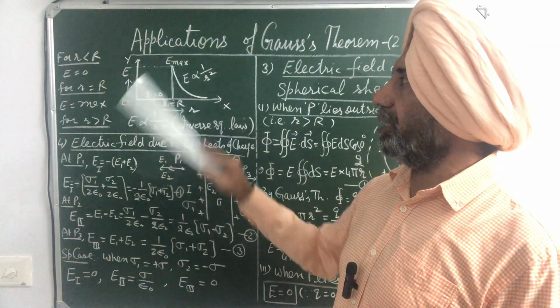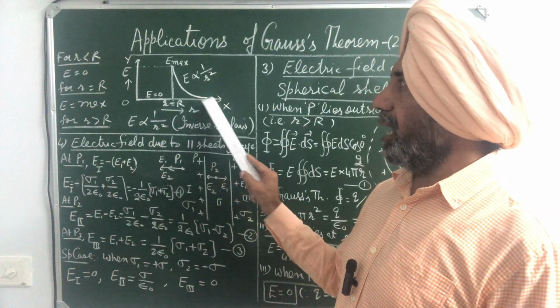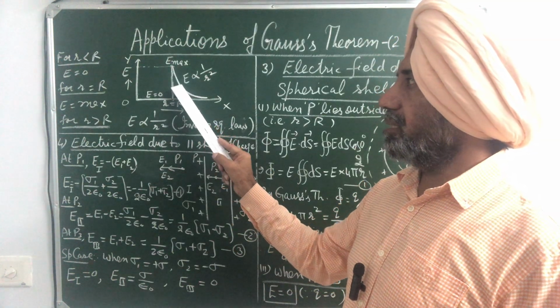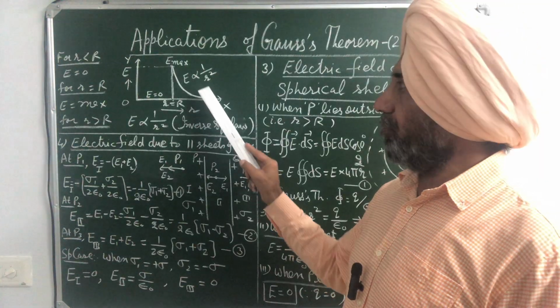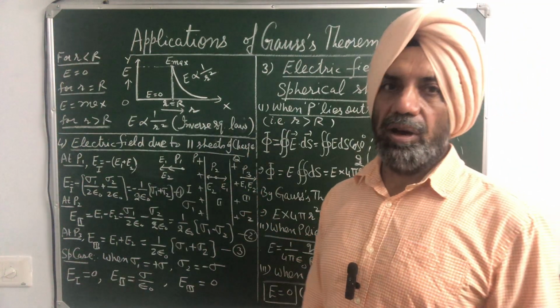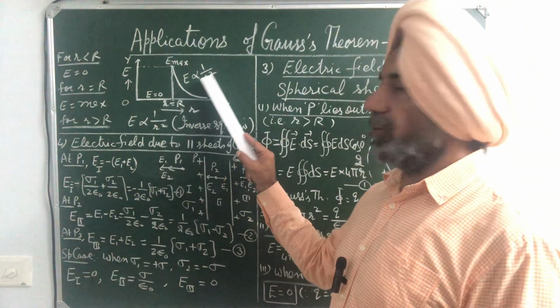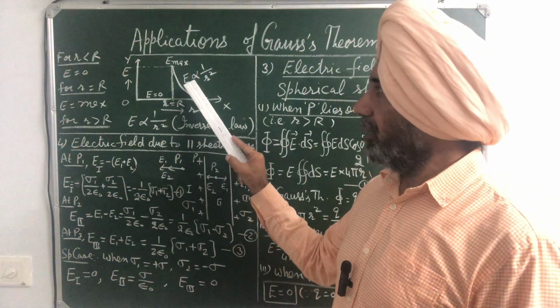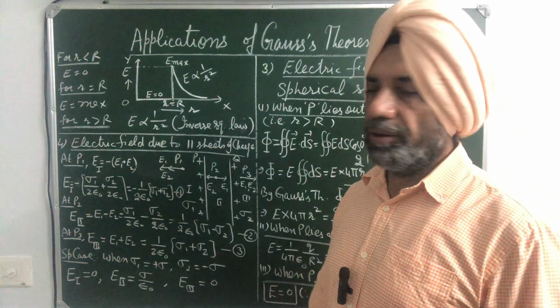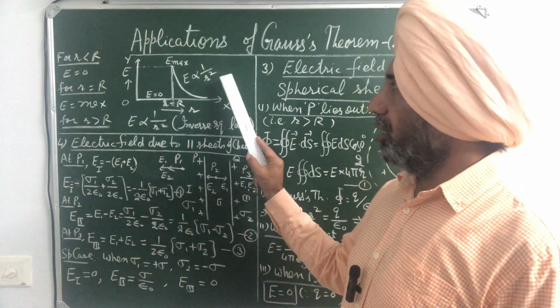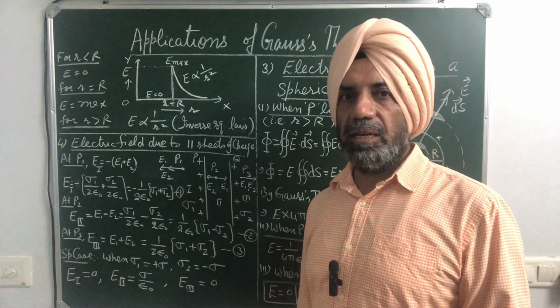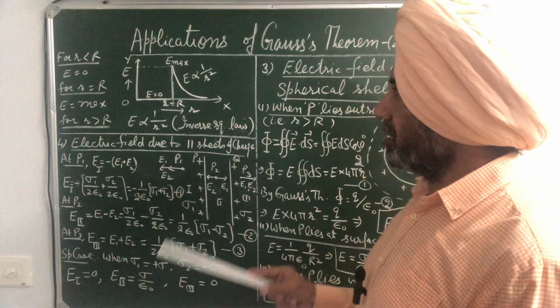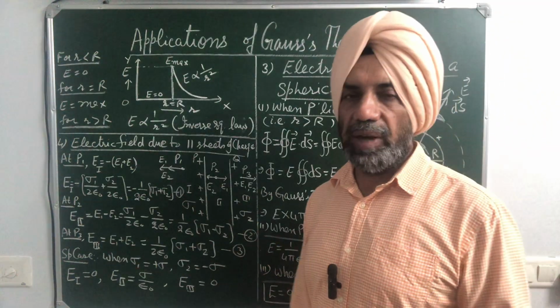And when small r is greater than capital R, E decreases and follows the inverse square law. So the electric field outside the charged spherical shell follows the inverse square law. So this is how the electric field of a charged spherical shell varies inside, at the surface and outside the spherical shell.